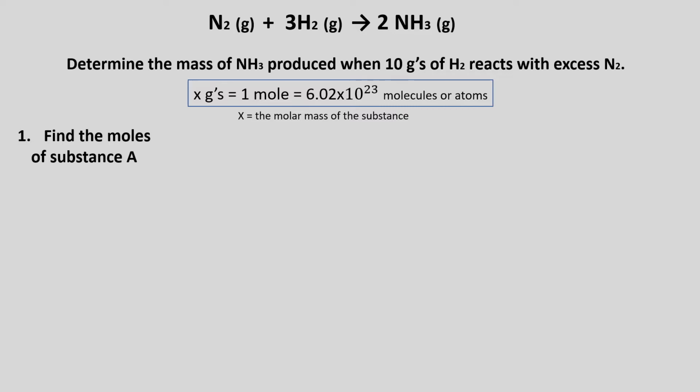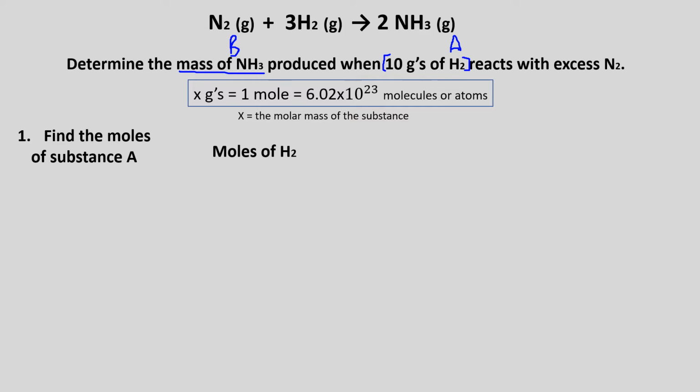Like I said earlier, step 1 is we're going to find the moles of substance A. H2 is going to act as substance A. We have the mass. It's the very first one in the problem. And as we proceed, we're going to have this be substance B. It's not super important you really understand A and B as long as you know A is what we're going to do first.